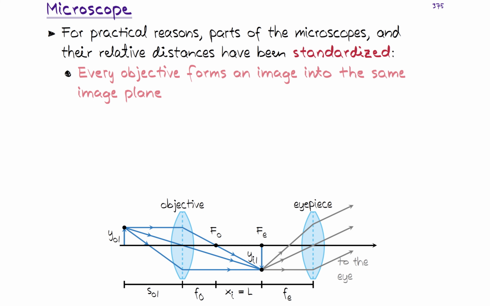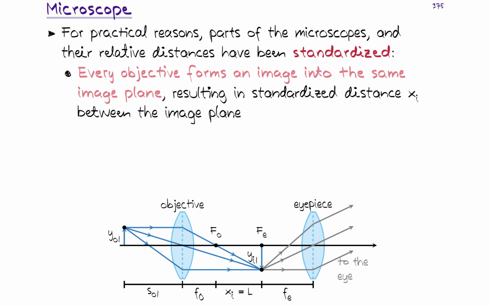So basically, and this is how a two lens configuration works, every objective forms an image in the same image plane. And this is the key here. This gives us the possibility of a standardized distance x_i. x_i, of course, is the distance from our focal plane to the image location, so x_i can be standardized. It is always the same distance no matter what the actual objective is.